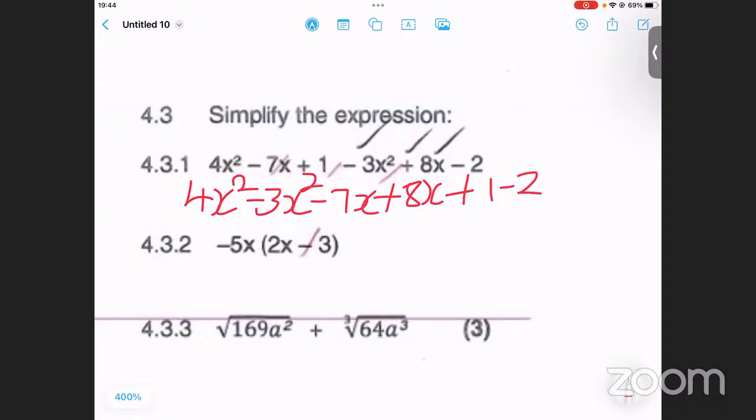And then we're gonna add them. We're gonna say 4x squared minus 3x squared is x squared, minus x, minus 1.